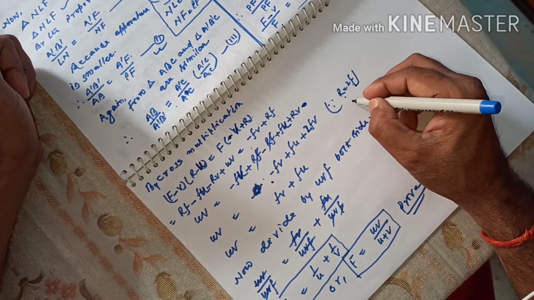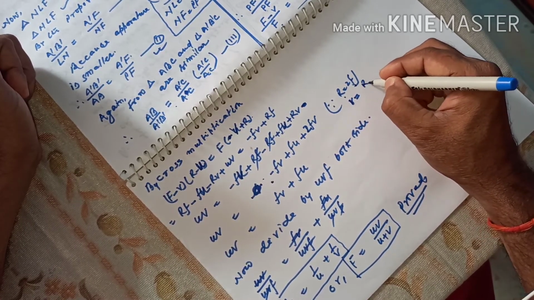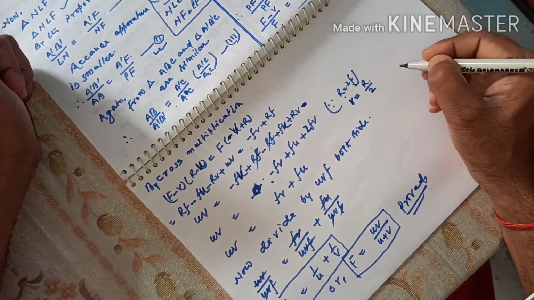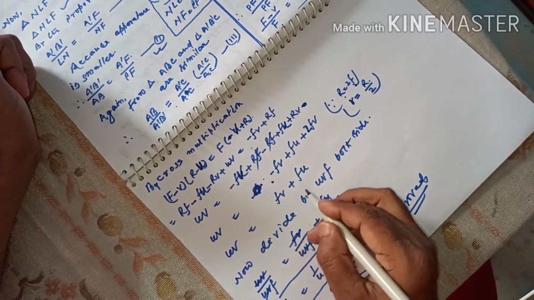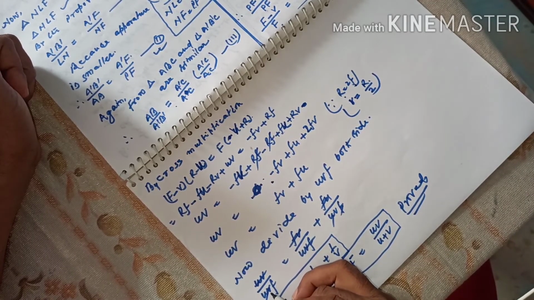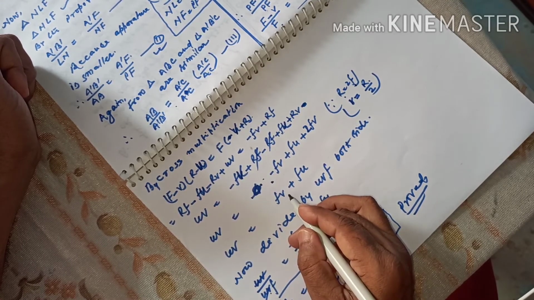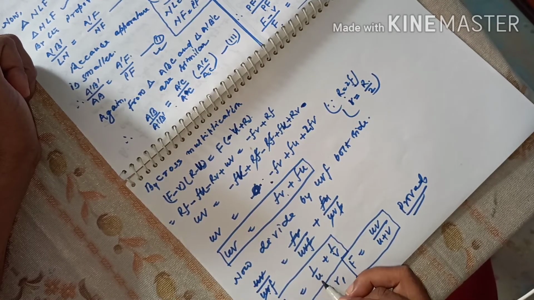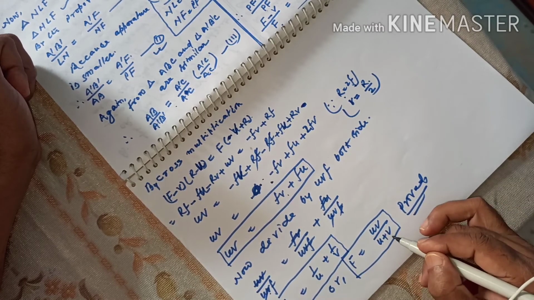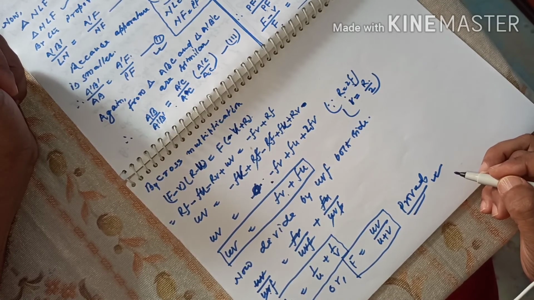We know that F is always half the radius of curvature. On dividing UVF by UVF in this relation, we get 1/f = 1/u + 1/v, or f = uv/(u + v). That is the mirror formula of the convex mirror.